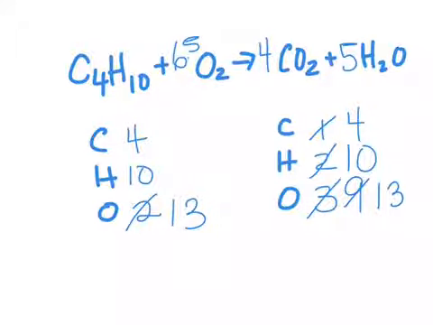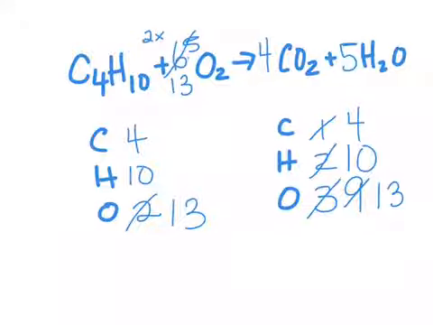But as I said, I can't keep that 6.5. So what I'm going to do is multiply 6.5 by a number that's going to create a whole number. In this case, if I multiply 6.5 by 2, I will get 13 in front of my oxygen.